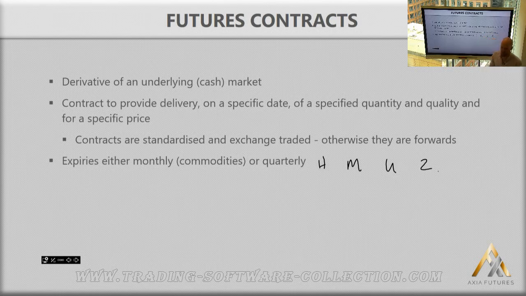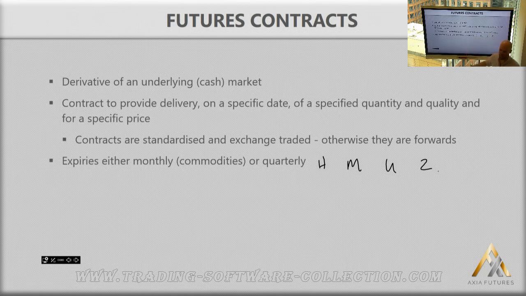So they're H, M, U and Z. The months prior to March are F and G. J and K before M, and then you have N and O after, and then you have U, X, W, and then Z. So I do know them, just about. But they're the main ones you're going to want.